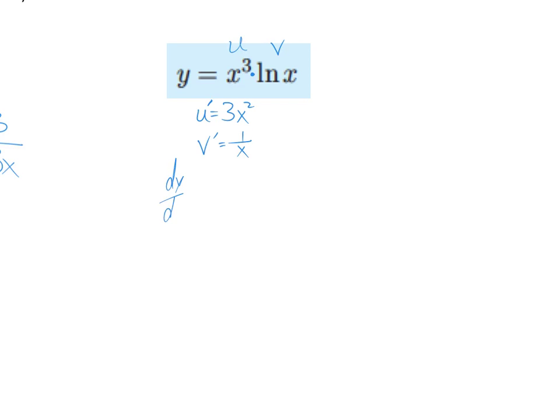So now dy dx is u prime times v plus u times v prime. Now here's where some simplifying will come in. Wouldn't the derivative be 1 over x times x? No, it'd be 1 over x times the derivative of x, which is 1. So simplifying here, this is x squared.